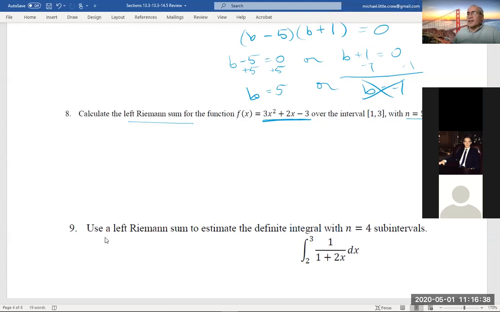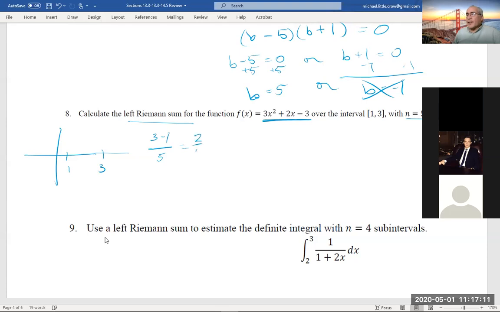Okay, so we're going to go from 1 to 3. The way we decide how many Riemann boxes we're going to get is we take 3 minus 1, the limits, divided by however many we're going to make. So you take your limits, subtract them, divide by the number n.